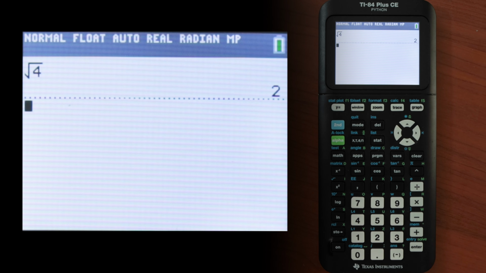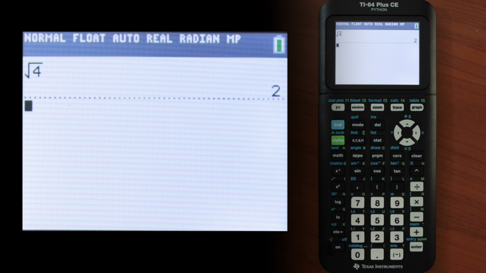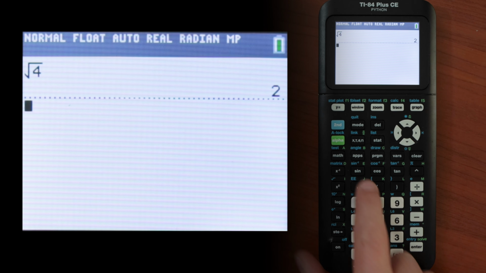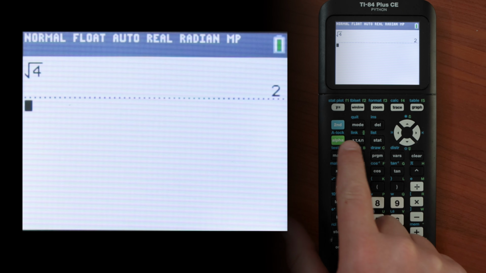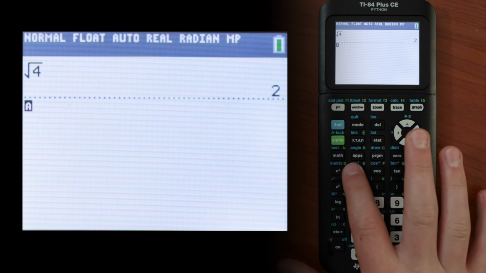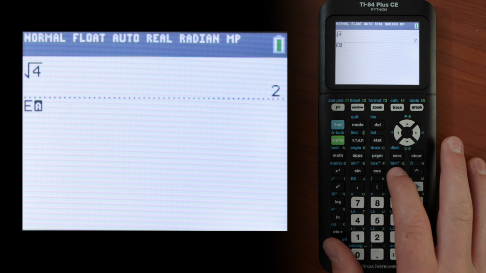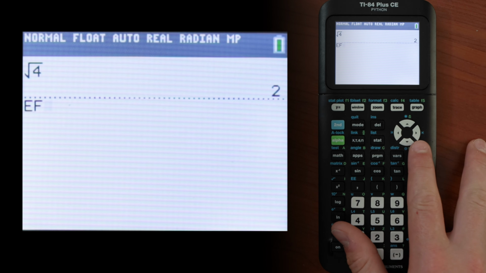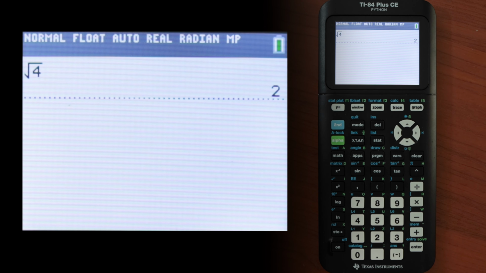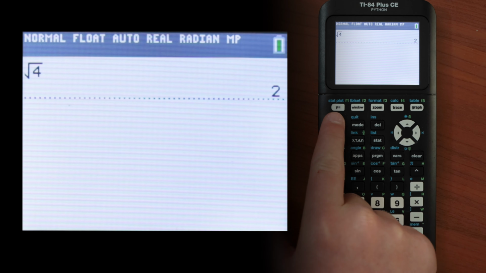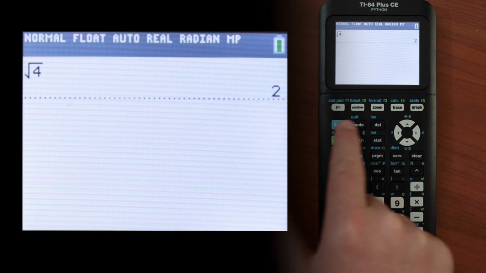But this alpha button is for using all these green functions. So starting at this math button and working down, you really aren't going to use this because most of these buttons are just the alphabet and you can write words with them. But what you will use it for frequently is in this top row of buttons.